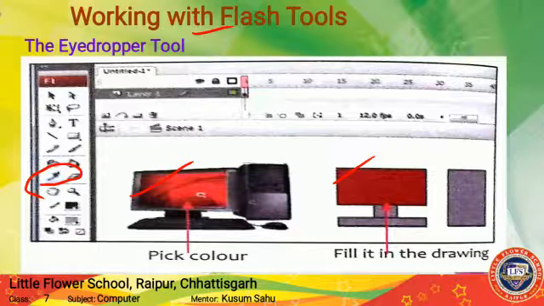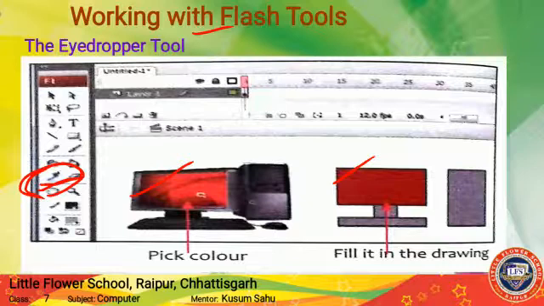So for this we have to follow some steps. You have to click the eyedropper tool. Here we have to click in the tool panel. The pointer changes shape to an eyedropper. The mouse pointer will change shape and it shows this shape. After it, depending upon what you want to do, click on the ink bottle tool or paint bucket tool.